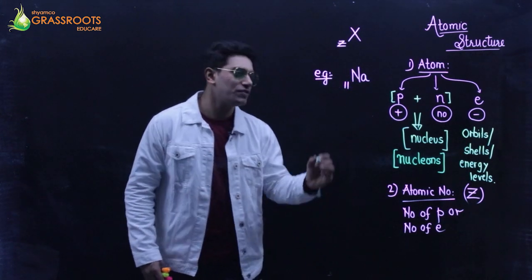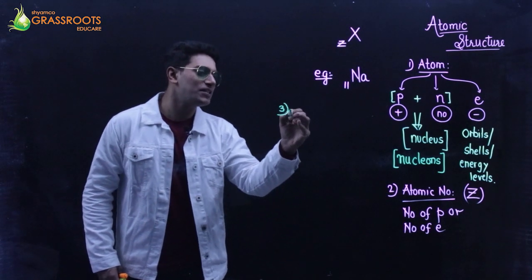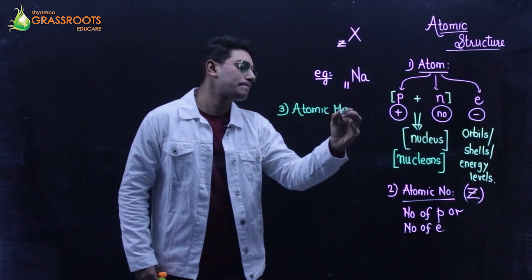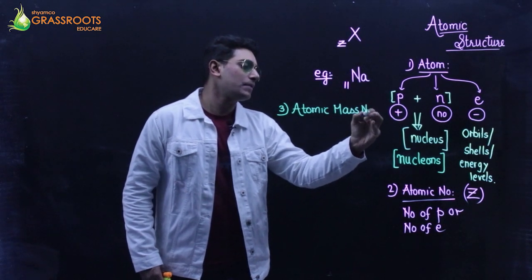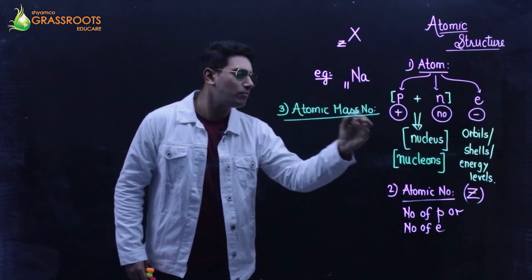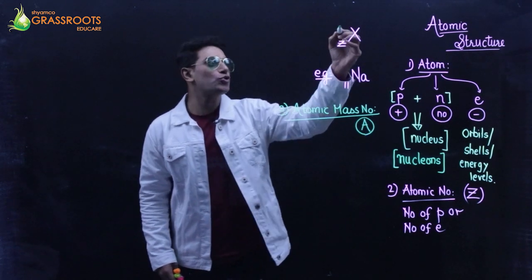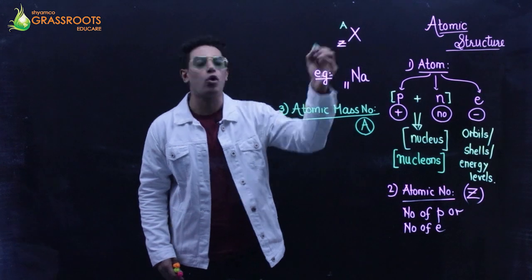Talking about the next concept, the third concept is the atomic mass number. Atomic mass number is represented by A as a symbol, and usually it is written at the top.